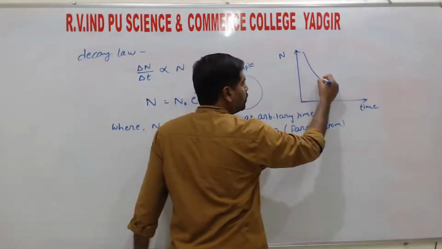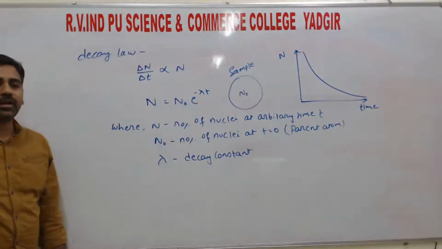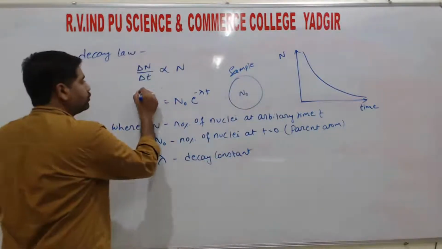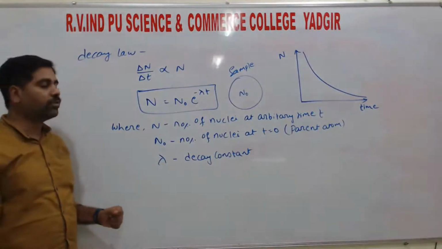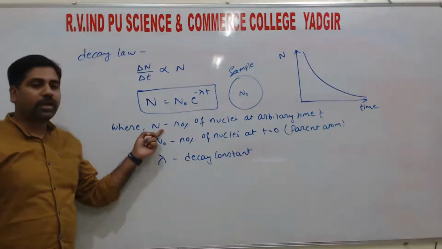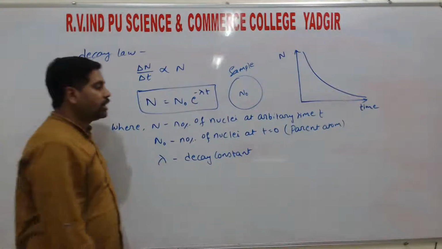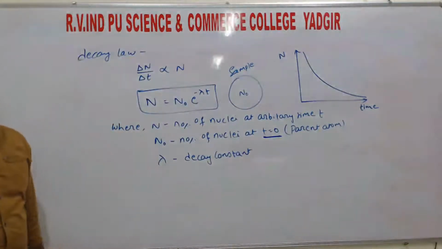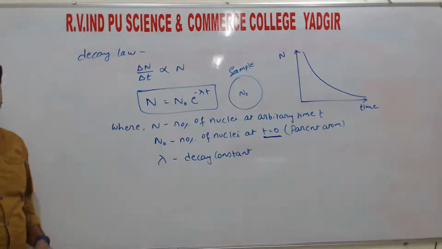If you plot the graph, we get an exponentially decreasing curve. This is the plot for the radioactive decay law, where N equals N naught e to the power of minus lambda t, where N is the number of nuclei at arbitrary time t, and N naught is the number of nuclei at t equals 0, which we call the parent sample or parent atom, and lambda is the decay constant, right?